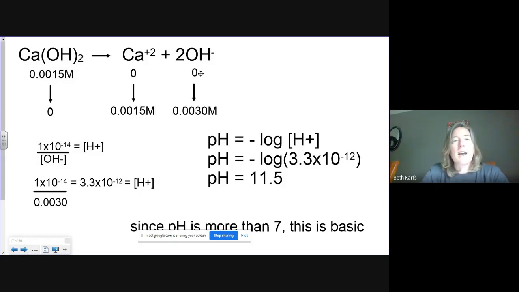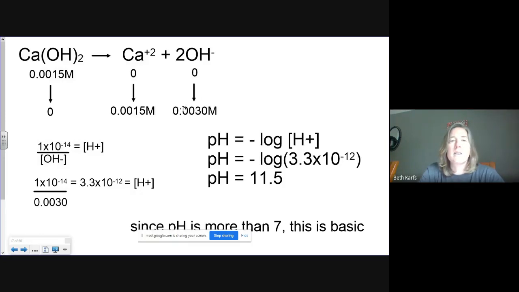So if I started off without any ions, when the calcium hydroxide breaks apart, for every 1 calcium hydroxide, I get 1 calcium. So that's 0.0015 molar when it breaks apart. But notice there's 2 hydroxides here. So for every 1 calcium hydroxide, I get 2 hydroxides. So this is actually doubled.